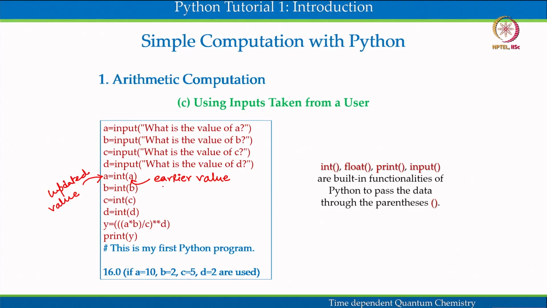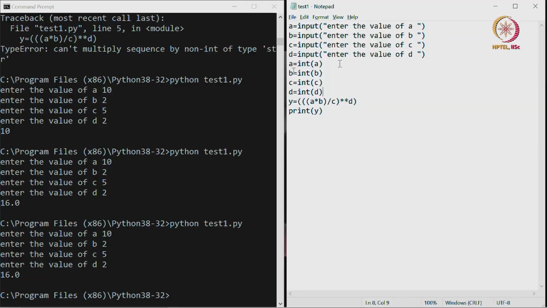So this A is going to be a string, and this A is now the converted integer. We are converting to integer. We can convert it to float also, and then we can perform the task. So we'll save it on the laptop and run it.